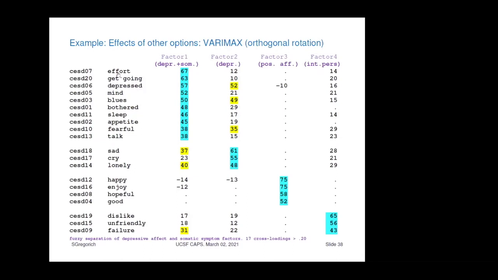And also what happens is we've got this first factor, which is a combination of depressive affect and somatic symptoms, and then a separate depressive affect factor. So we're not even recovering the same 4 factors that we would if we had an oblique rotation.